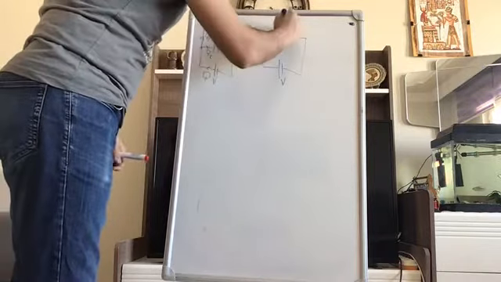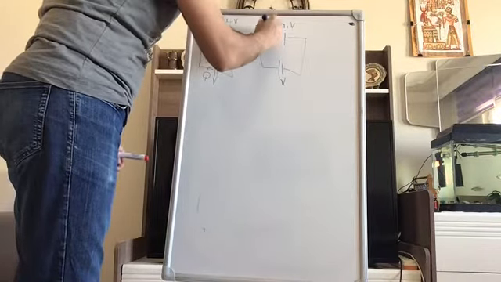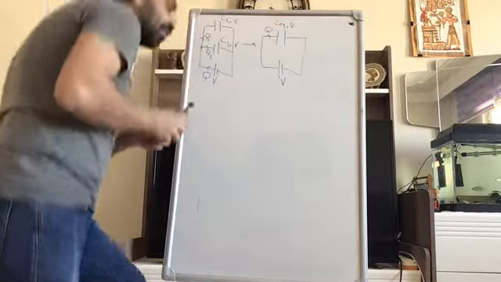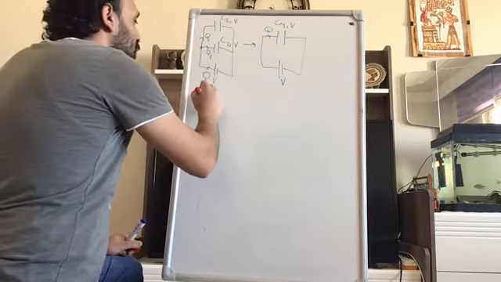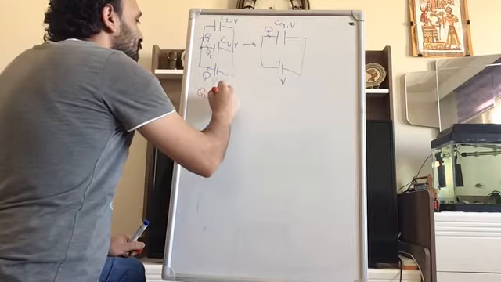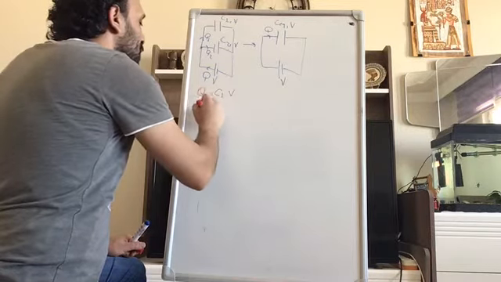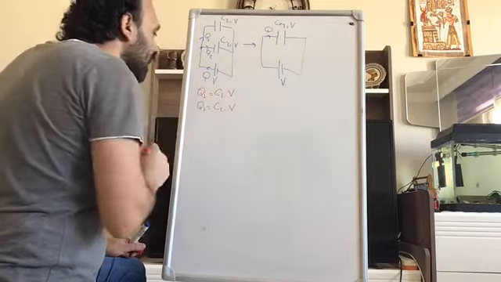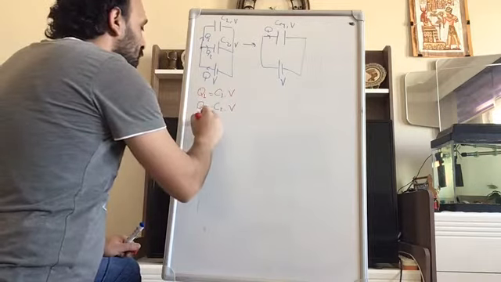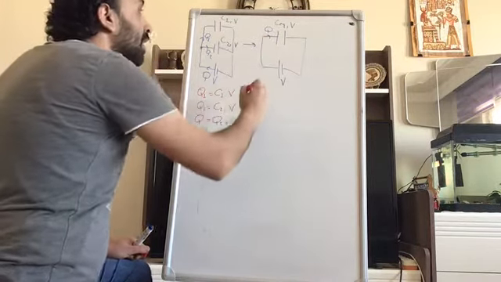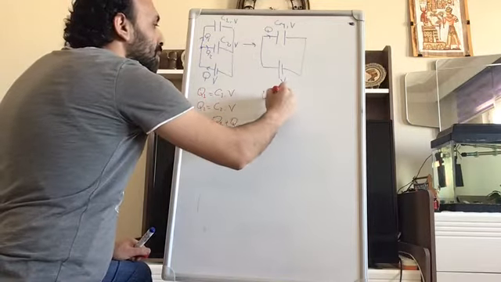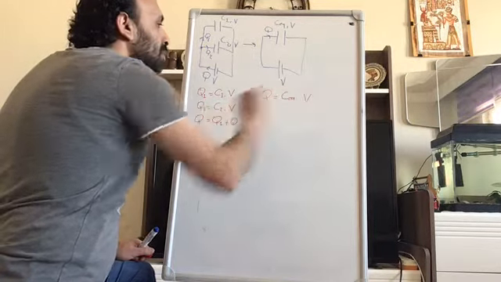So V will be here and Q will be the charge. From here, Q1 is equal to C1 times V, Q2 is equal to C2 times V, and Q is equal to Q1 plus Q2. From here, I also have Q is equal to C equivalent times V.